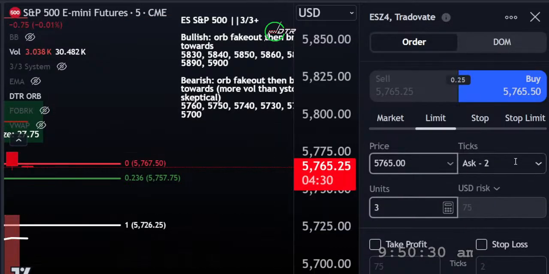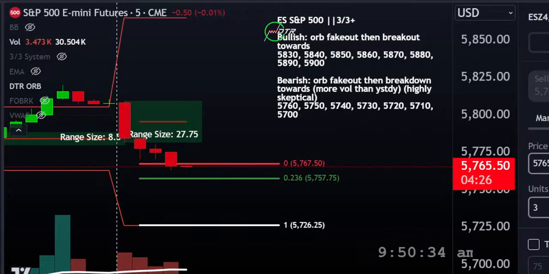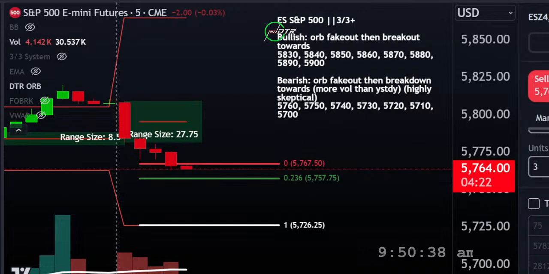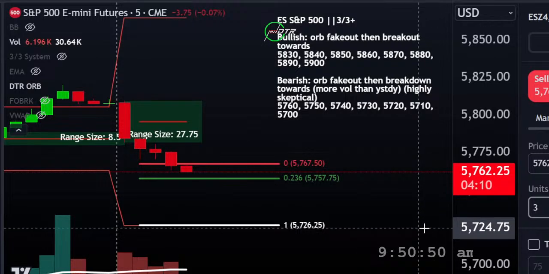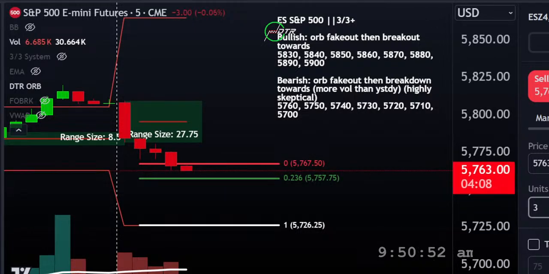So again, first thing I do, tick my stop loss, set that price to be 67.50. And then you're looking for a breakdown here under 62.25. Okay, so we're now watching for a little pullback.